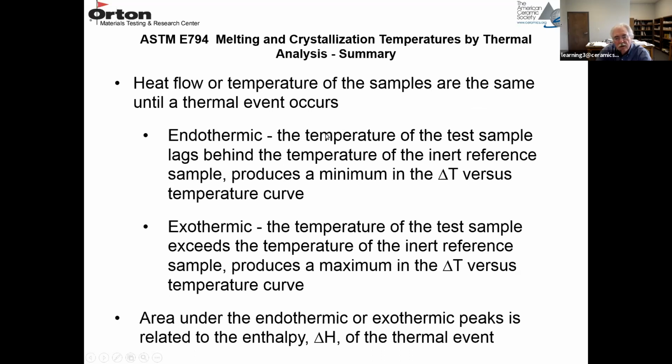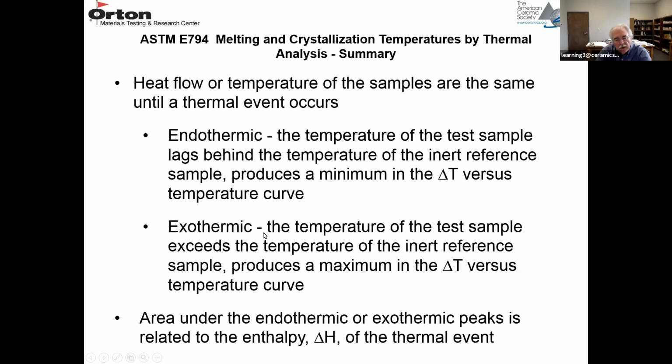So the temperature of the test sample starts to lag behind the temperature of the inert sample, and that produces a minimum in the delta T versus temperature curve, your heating rate curve. So you get an endothermic peak because you're having to add energy to your sample for whatever reaction is taking place.